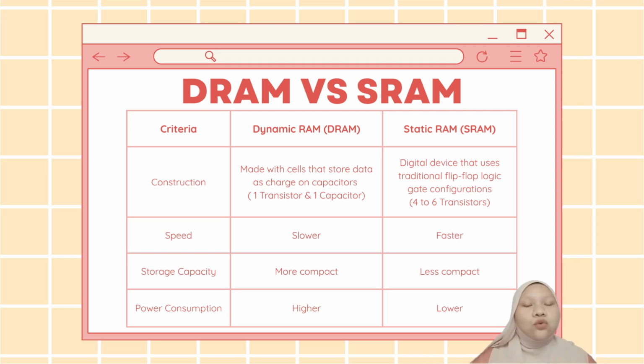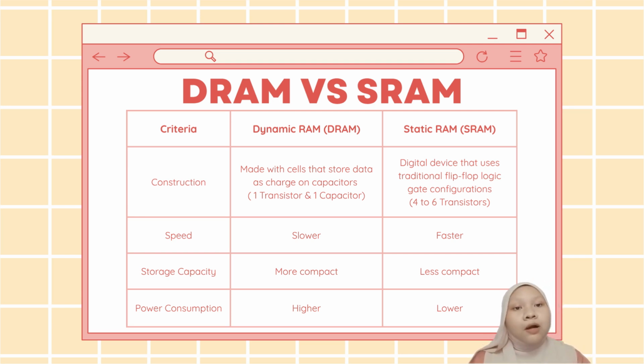Now, we look at storage capacity. DRAM is more compact. Its smaller cells allow more bits per unit area, making it less expensive. SRAM is less compact because its multi-transistor flip-flop configuration takes up much more physical space, making it more expensive.